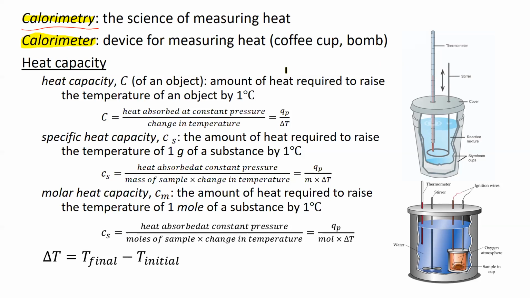One of the types of calorimeters that's out there is what's known as a coffee cup calorimeter. There are two main types of calorimeters, and the coffee cup calorimeter is sort of what you see here. That calorimeter consists of a few different things.